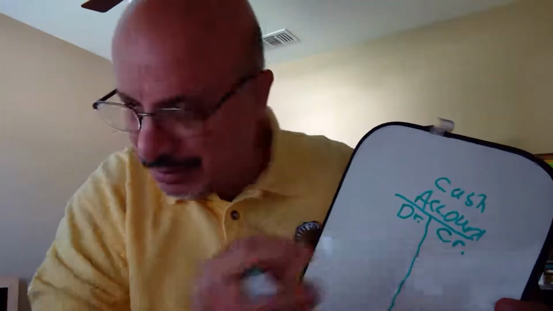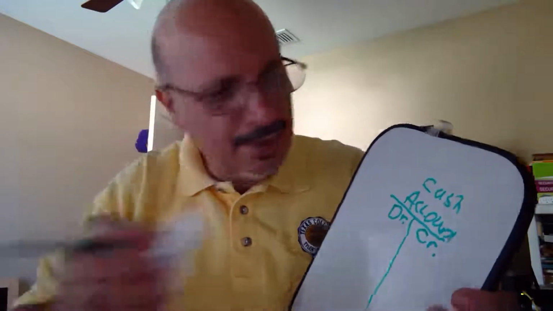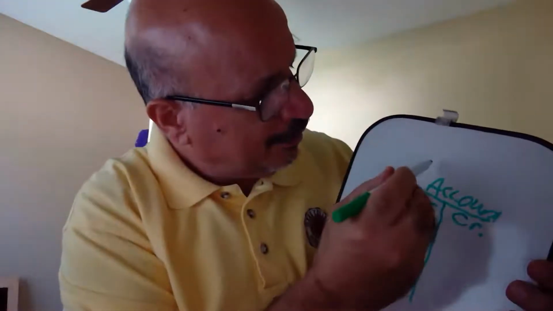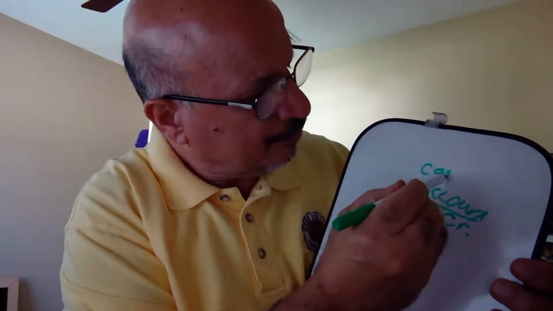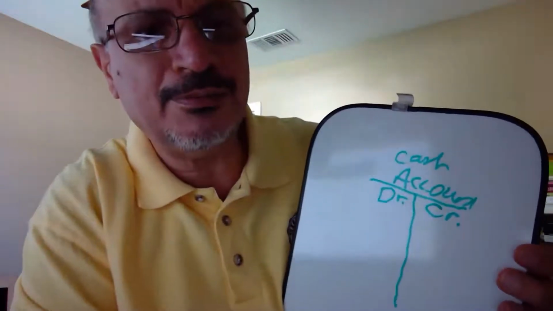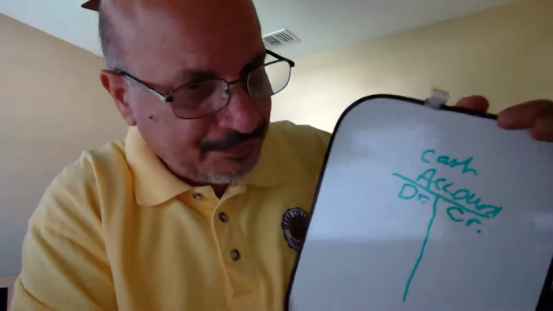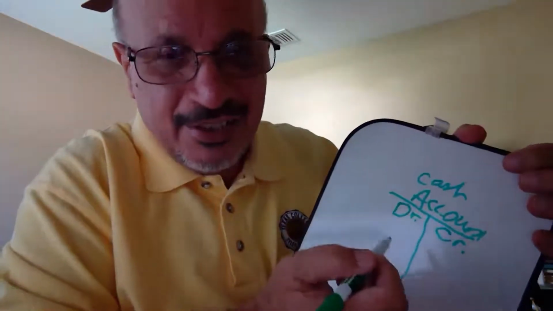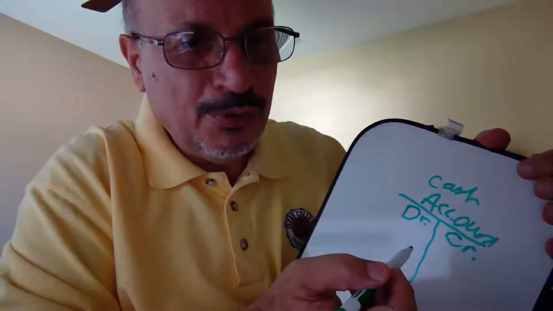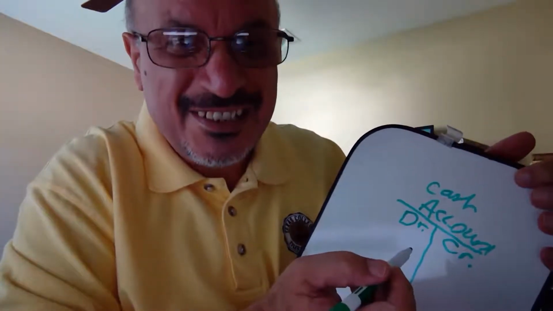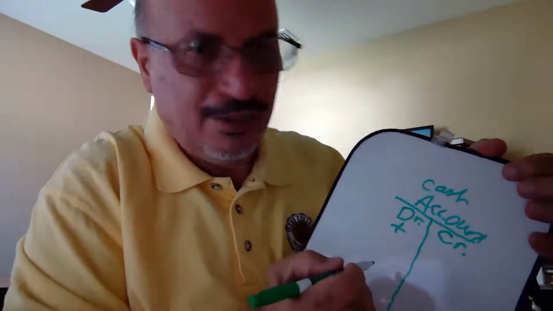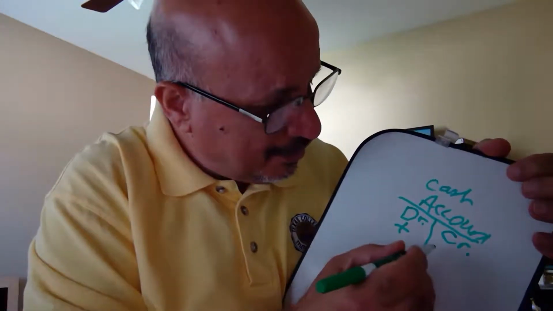I know it's lousy handwriting, so bear with me. Cash is an asset. When assets increase, they are debited. When assets decrease, they are credited.